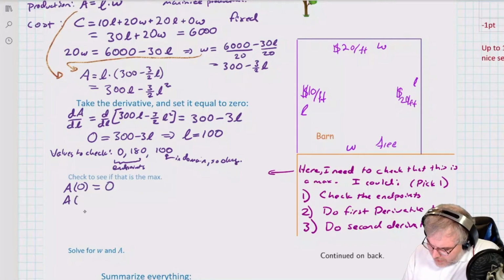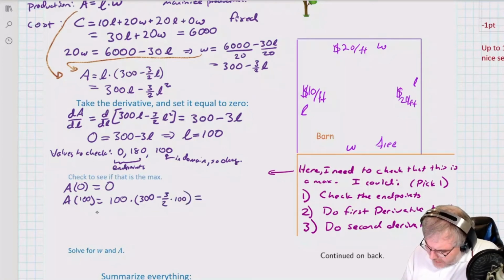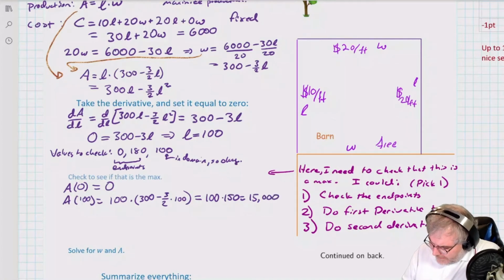A of 100 equals, with respect to L, this is going to be 100 times 300 minus 3 halves times 100. And that's going to give me 150. So this whole thing is 150. So that's going to give me 100 times 150, which equals 1, 5, and 3 zeros at the back.